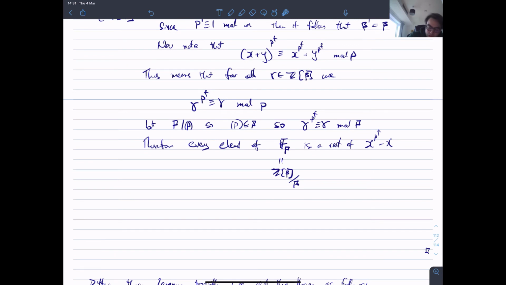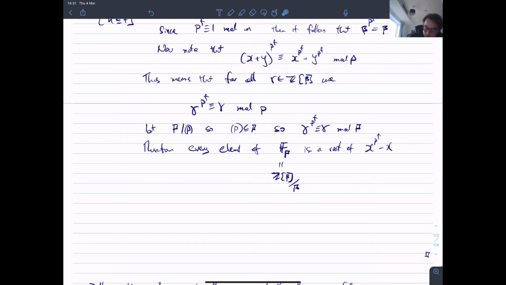So everything is a root of this, but this is a field, and so I know in a field that a polynomial of degree p to the f has at most p to the f roots. So since F_p is a field, we know x to the p to the f minus x has at most p to the f roots, and I've checked that every element in here actually is a root of this.